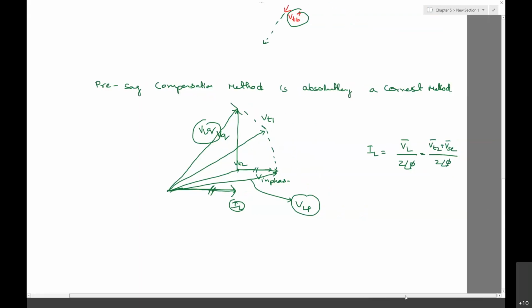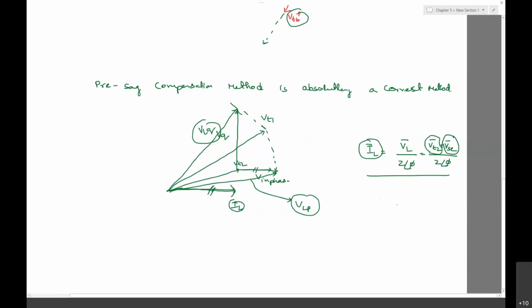You are able to understand this particular expression, right? The current of the IL phasor is very much dependent on the VSC voltage. You know, the VT2 voltage is fixed.